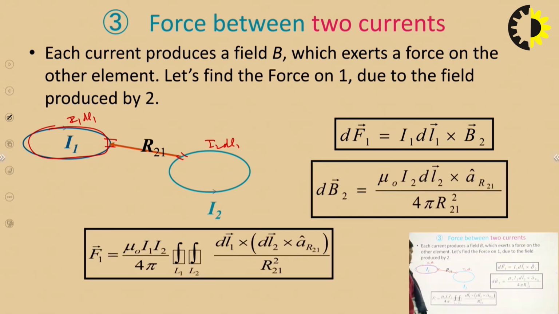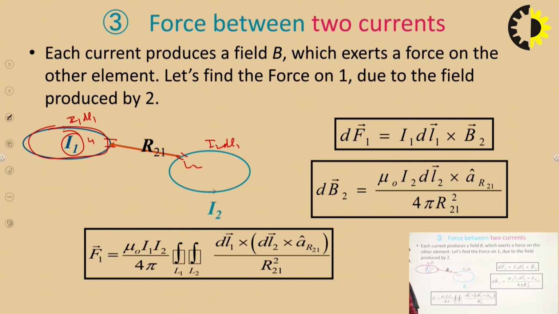So the total force F1 due to the current flowing in that particular path is equal to mu naught I1 I2 upon 4 pi, the product of how much current flows in the first path and how much flows in the second path, integral over L1 and L2, the lengths of the loops. This is the L1 loop, this is the L2 loop.